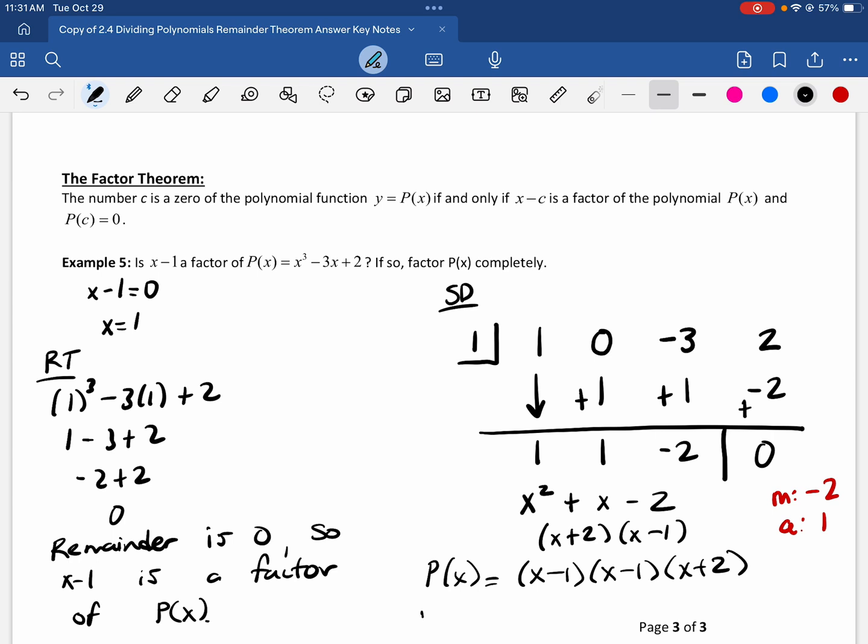You have 2 of them. A simplified way of writing this, since you have 2 of those x minus 1s, is you could just write this as x minus 1 squared and then x plus 2. Right? So both of those are answers that could be accepted for that solution to completely factor it.